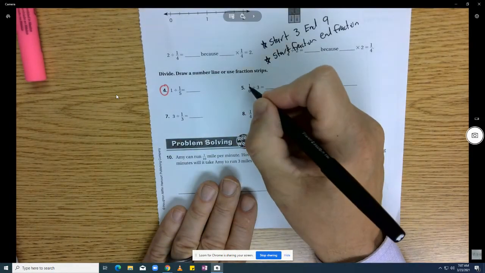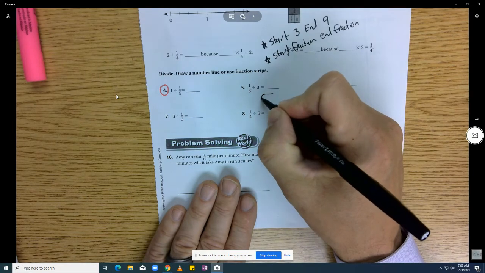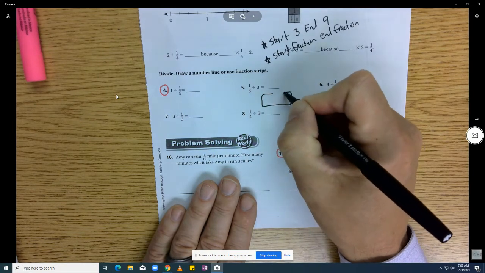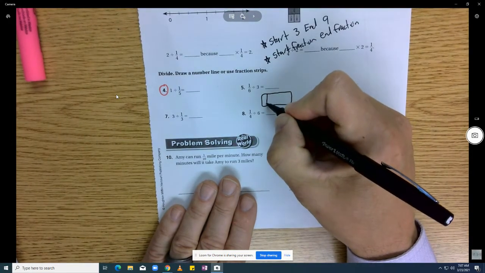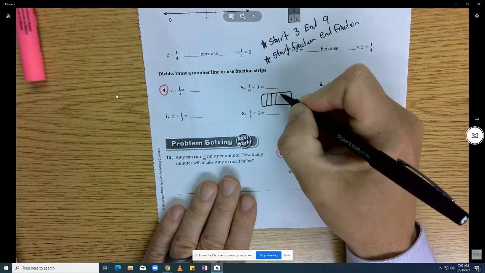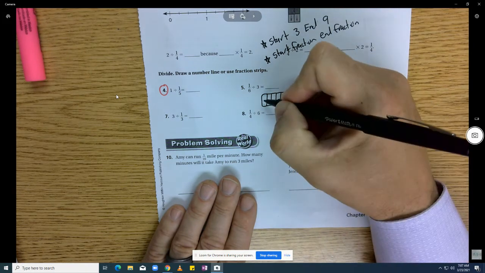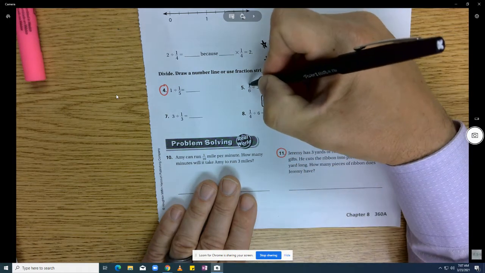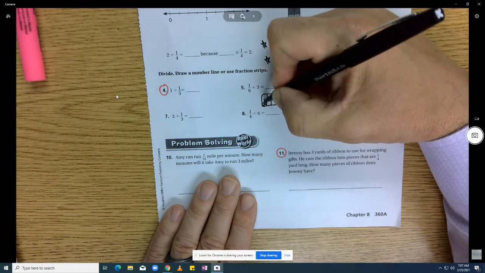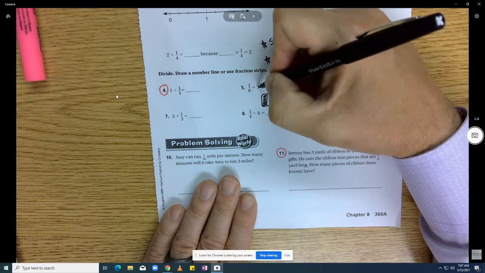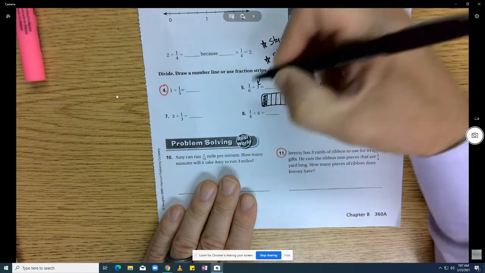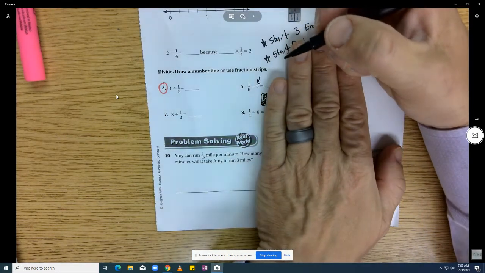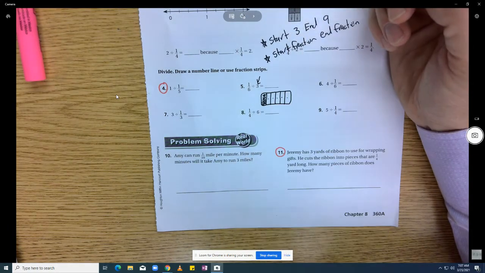So number 5, if we had to do a picture of it, it tells you what to do. It says take 1/6. So that would be 5 lines down: 1, 2, 3, 4, 5. Why? Because look, that gives you 1, 2, 3, 4, 5, 6. And it says shade 1 out of the 6. And then it says cut it into 3 more parts. So you take your 1/6, which is right there. That's 1/6 of a whole.